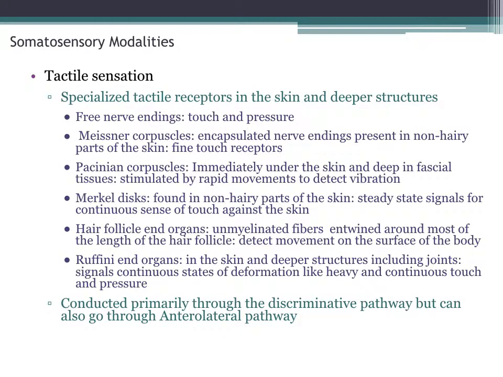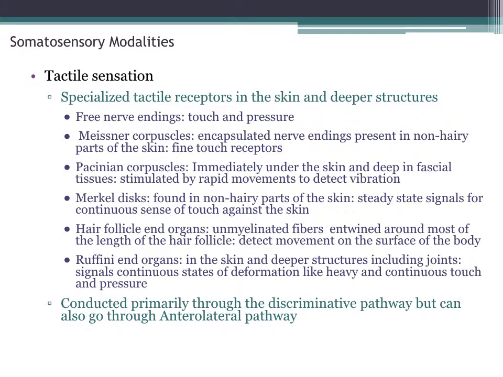So let's talk a little bit about these modalities, or how these sensations get to where they're supposed to be. We have tactile sensation. Tactile is touch, pressure, and vibration. The lack of tactile sensation leads to numbness.